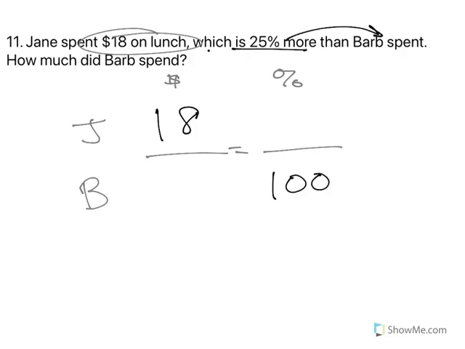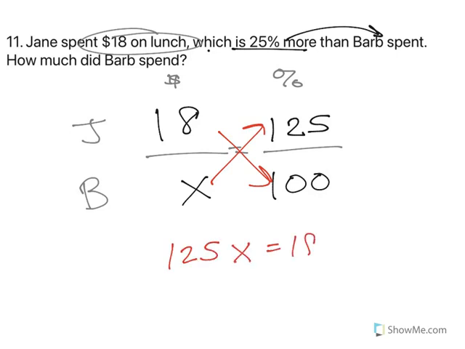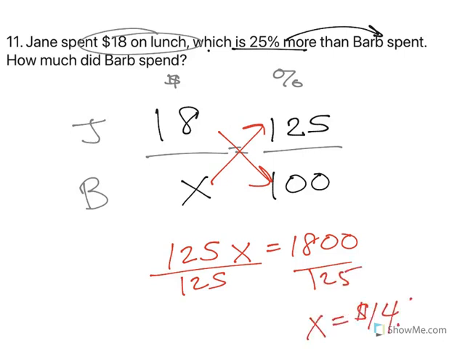So Barb is our reference, 25% more, so we add the 25. We're trying to find the amount that Barb spent. Cross multiply, 125x equals 1,800. Divide both sides by 125, and Barb spent $14.40.